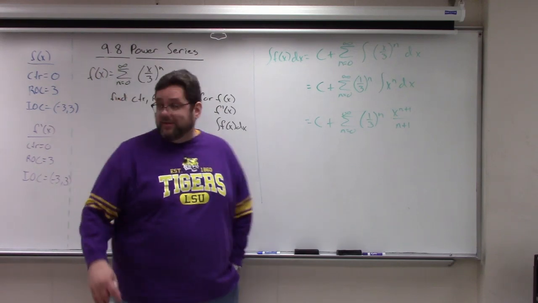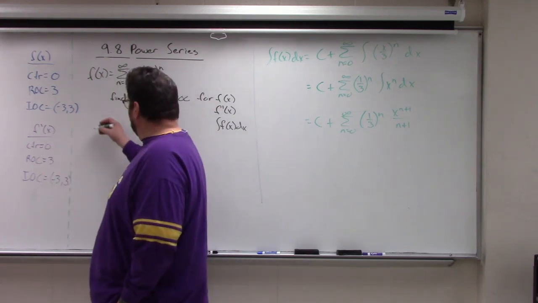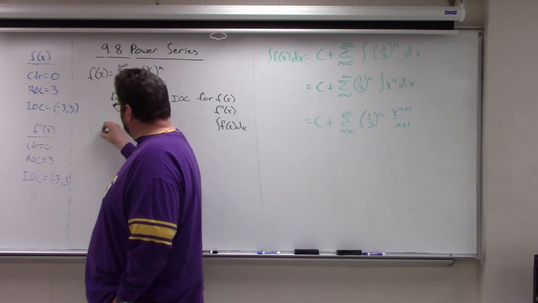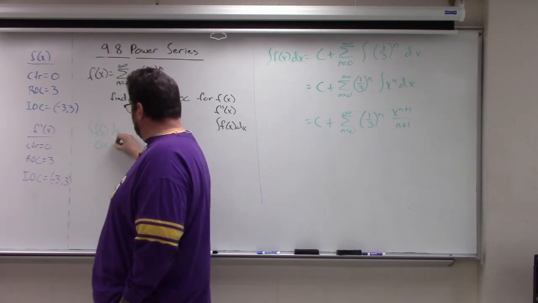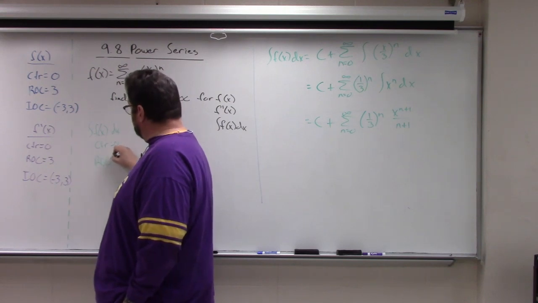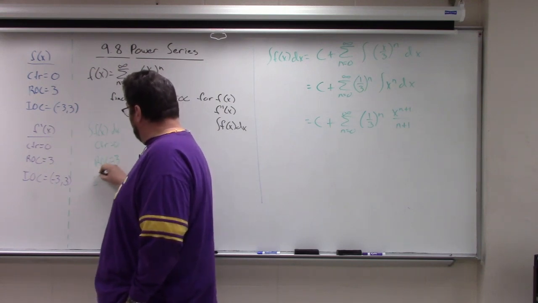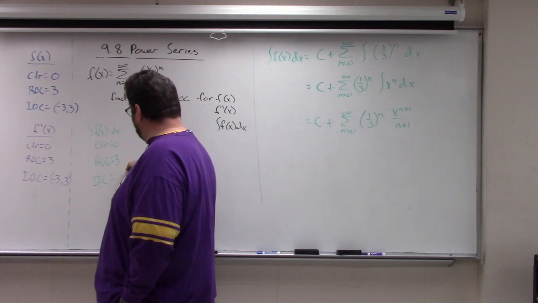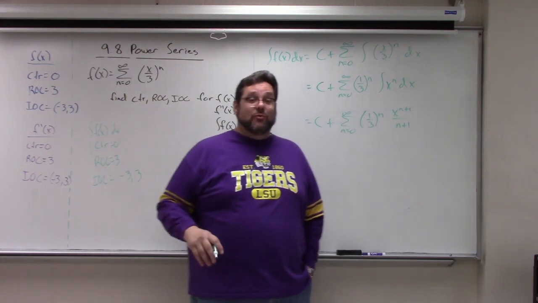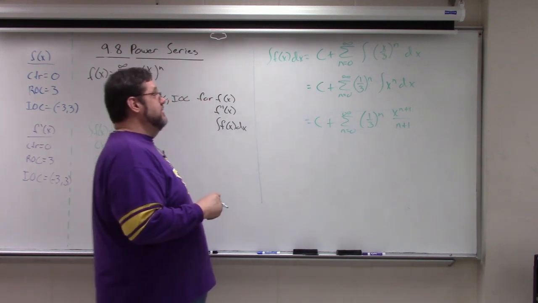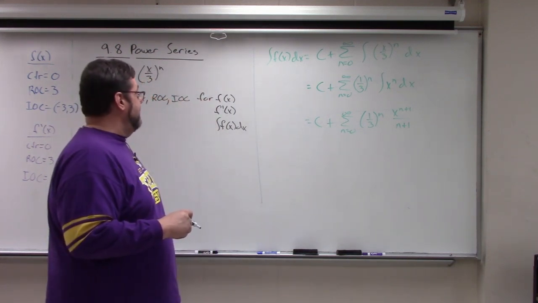Now, coming back over here, for the integral of f of x dx, the center is still 0. The radius of convergence is still 3. The interval of convergence is going to go from -3 to 3, but I don't know about the endpoints, and I have to check those. All right?